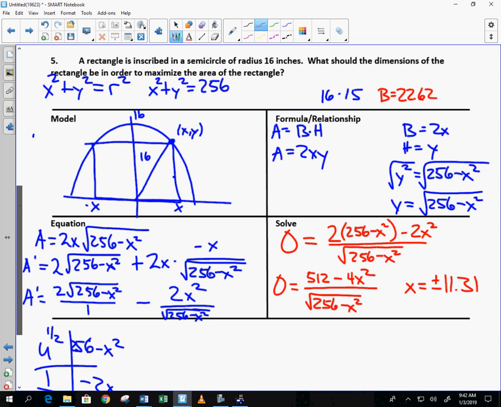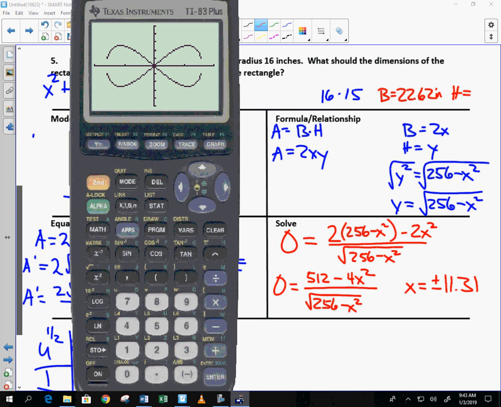So what's the base then? 22.62 what? Inches. And then the height is, how do we figure out the height? Plug what in for y? Yeah, so you get the square root of 256 minus 11.31 squared, or you get 11.31.